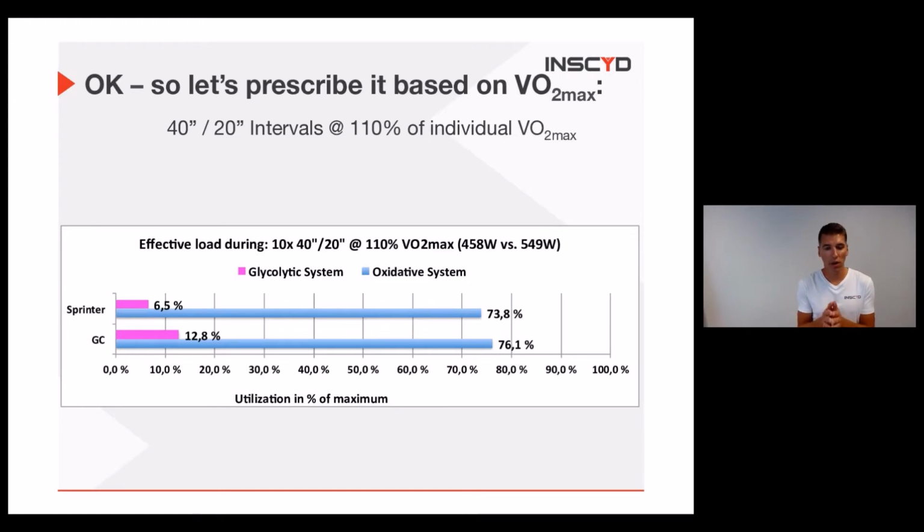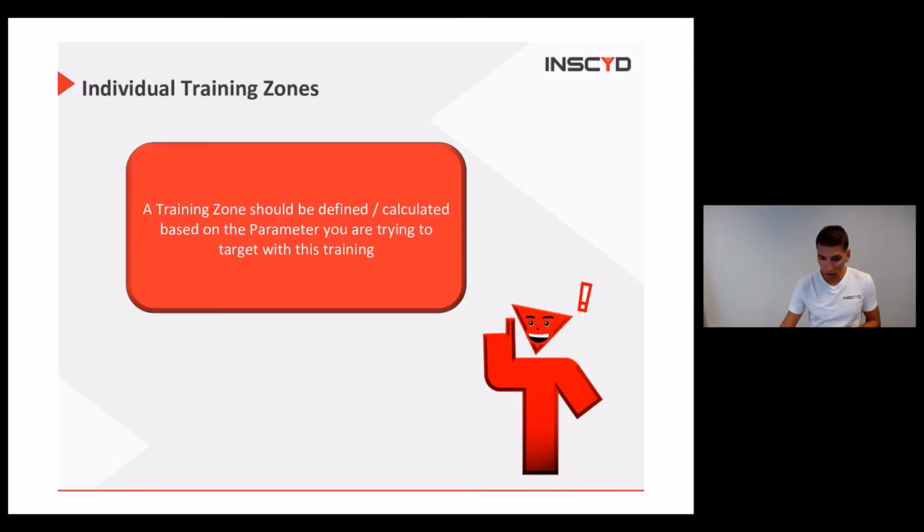It's approximately 100 watts difference in power output because, in this case, the athletes have different body weight, right? And now you can see, if you base these intervals on a percentage of VO2 max, the training stimulus on the aerobic system becomes very similar, right? So it's much more precise if you want to take it this way, right? So that's obviously the much better way to do it.